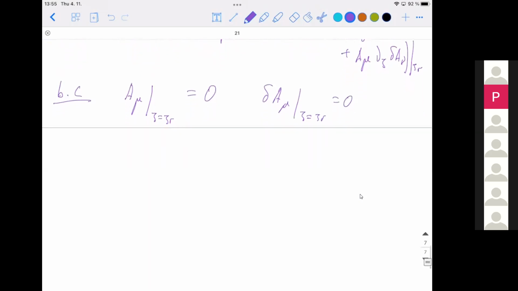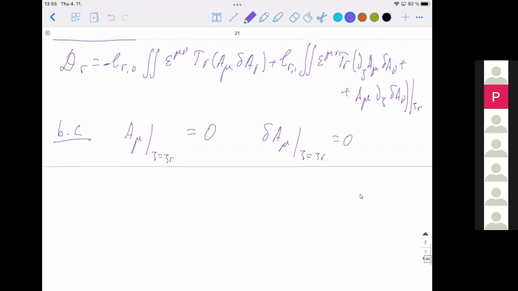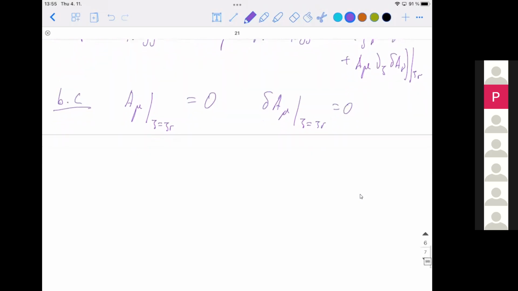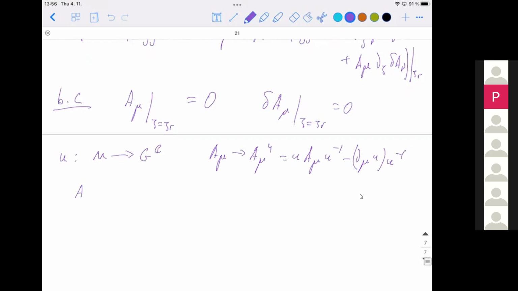Okay, so also this condition needs to be compatible. This gauge transformation should be compatible with this. So let's say this u, we wrote it as this, which is this, so this mu is that mu u, and this needs to be compatible with the boundary condition. So then we wrote this as this.